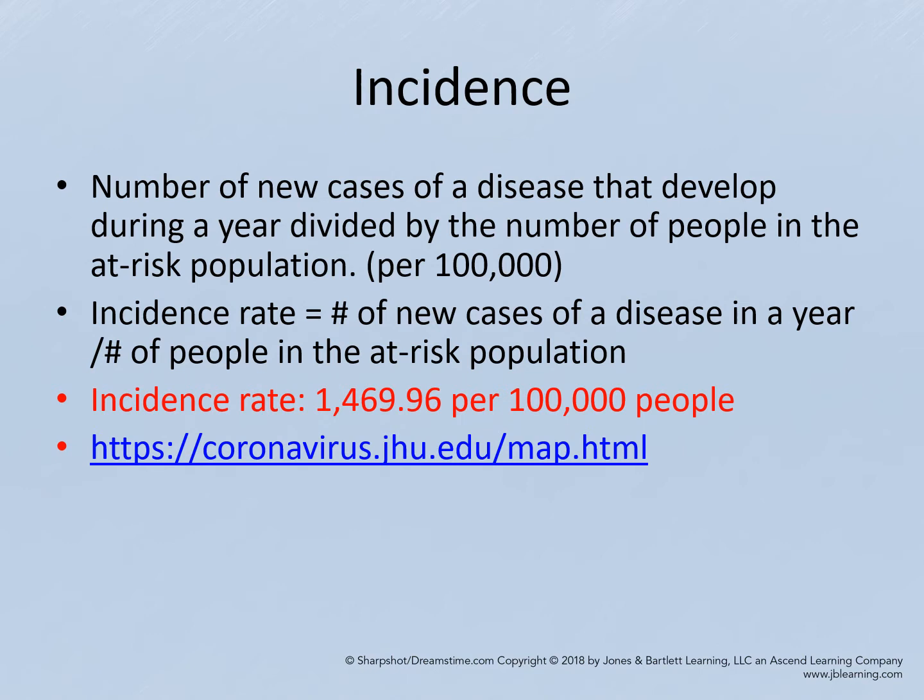For example, according to the Johns Hopkins Resource Center for Coronavirus, the incidence rate for coronavirus in Indiana is 1,469.96 per 100,000 people. So that is the number of new cases of coronavirus per 100,000 people in the population of Indiana.